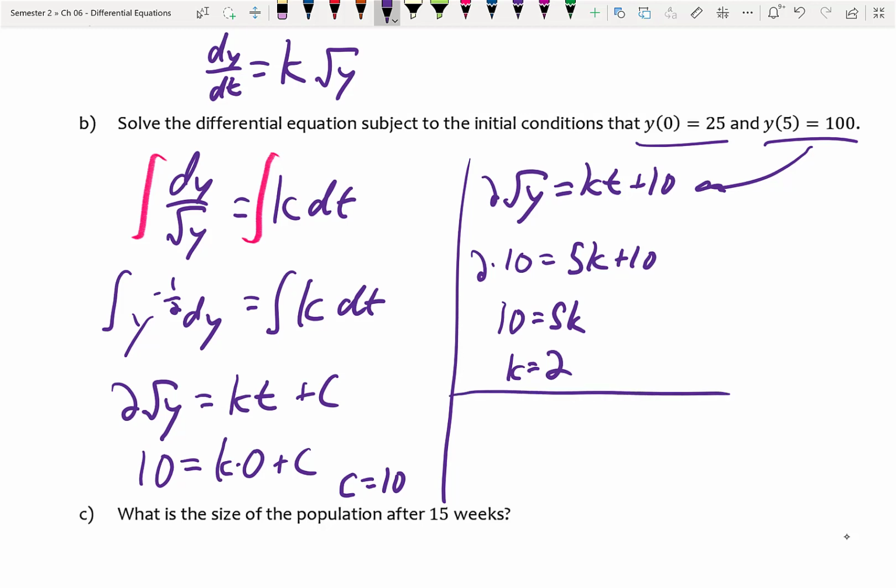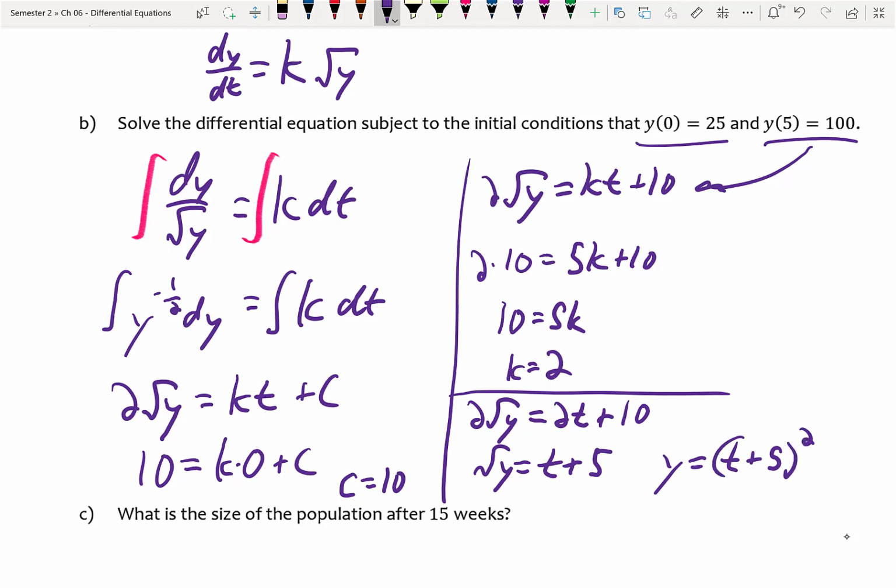Putting that back in, we get 2 root y is equal to 2t plus 10, or root y is equal to t plus 5. And now let's get the y by itself. y is equal to t plus 5 squared. And that's your other growth model solved with those two initial conditions. You can usually tell that it's decent because it looks clean. It's a nice one to work with.